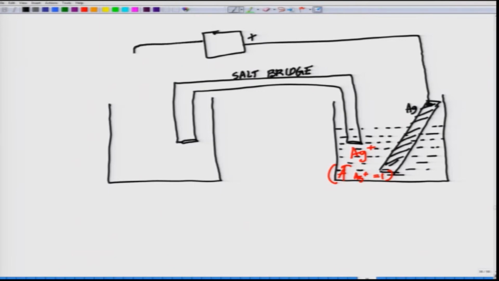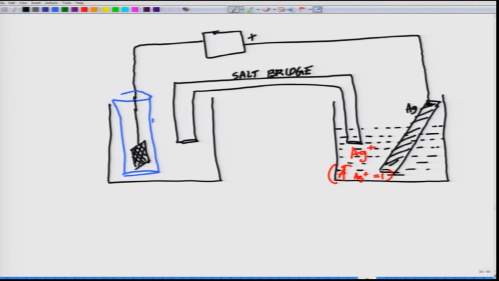On this side, the first electrode in this course that we are going to deal with, we are introducing now. There you have platinum sitting here.